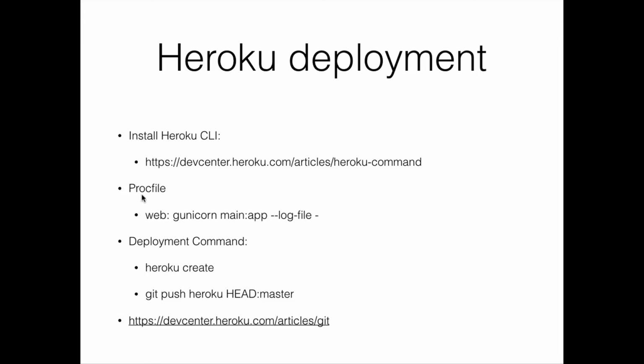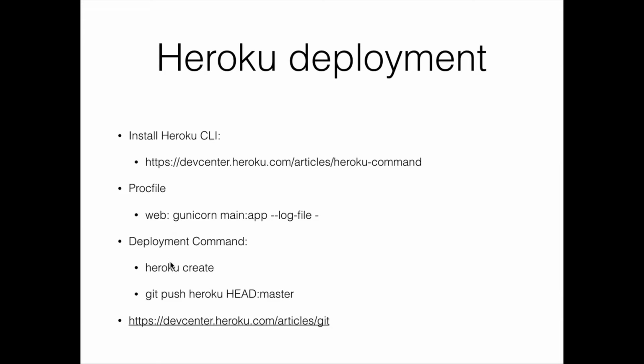We create this Procfile, which just includes one line. This line tells Heroku what command to run when it wants to start up your app. In this case, we're running Unicorn with main app. Our Flask app is in this main.py file, and Unicorn is an app, written in Python, which routes the HTTP requests to our Flask app.